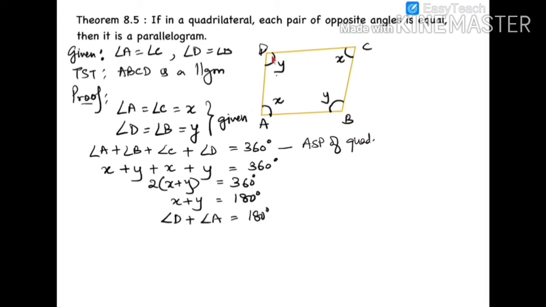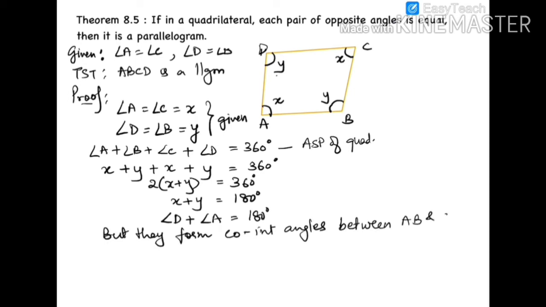This means that angle D and A form co-interior angles between AB and CD cut by transversal AD. So this implies that AB is parallel to CD.